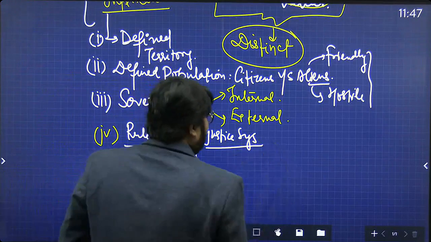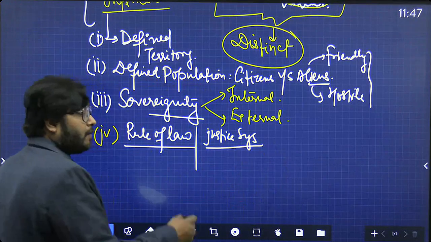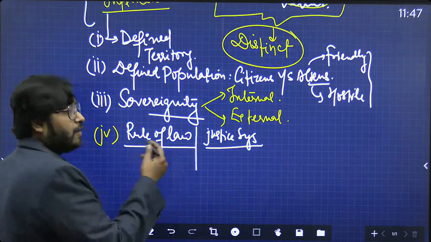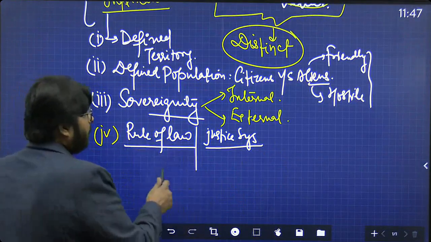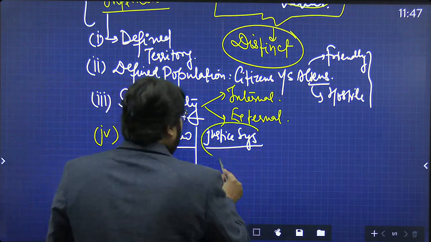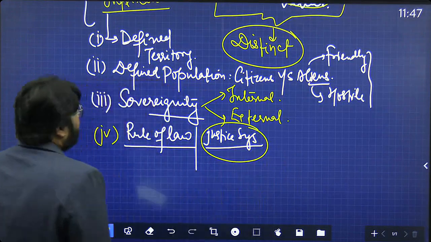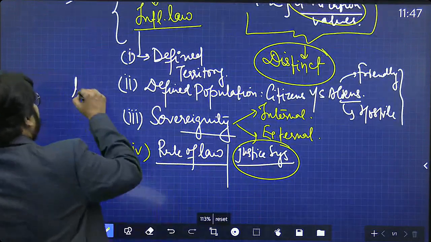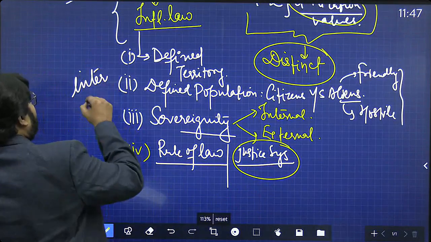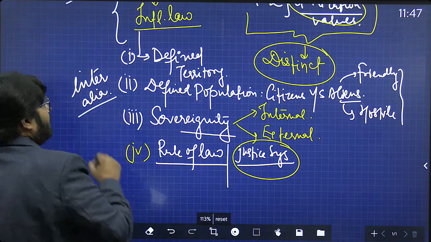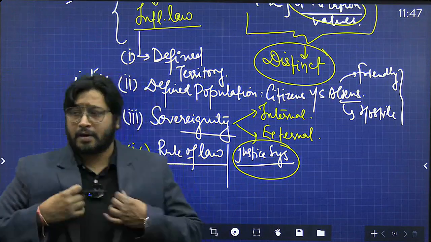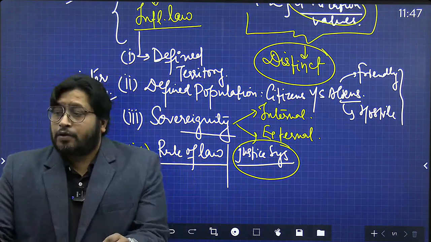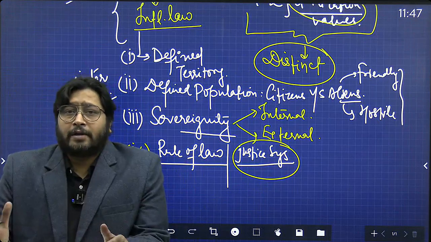It can generally be a democracy or a symbolic monarchy or a presidential form or parliamentary form. It can be any form, but generally the preferred form is democracy. If these features are inter alia, along with them, all inclusive to each other, then you define a state.